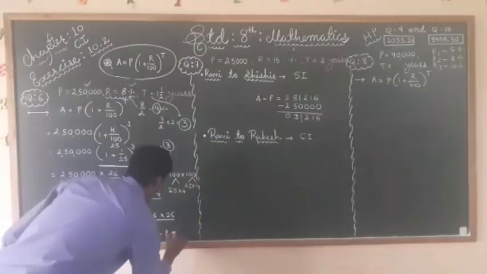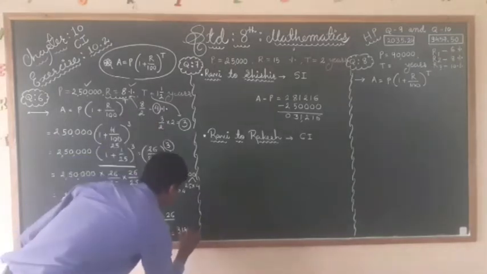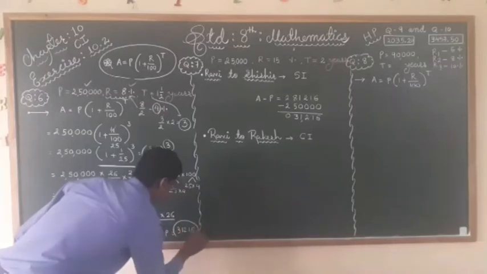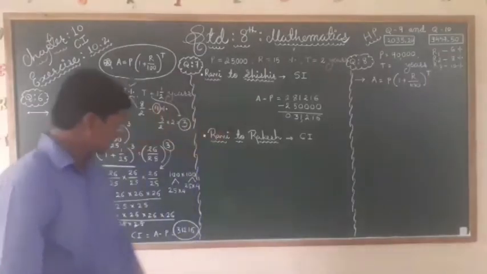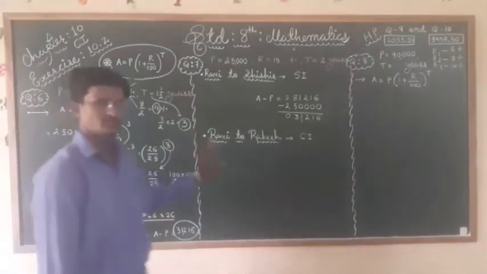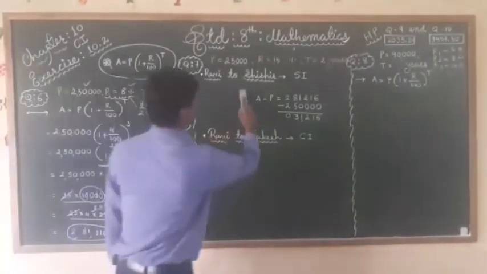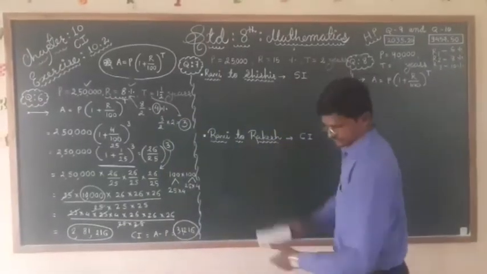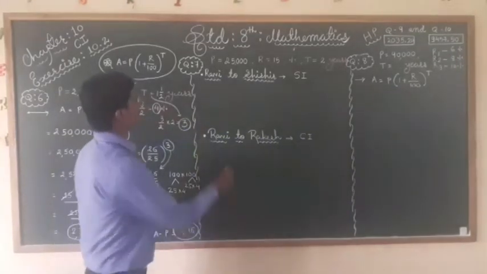So here the answer you will get is 31,216. That is the answer. So like this we will do the next sum, but the method is different. Okay, so you have to continue like this, because due to the space I am doing this method.